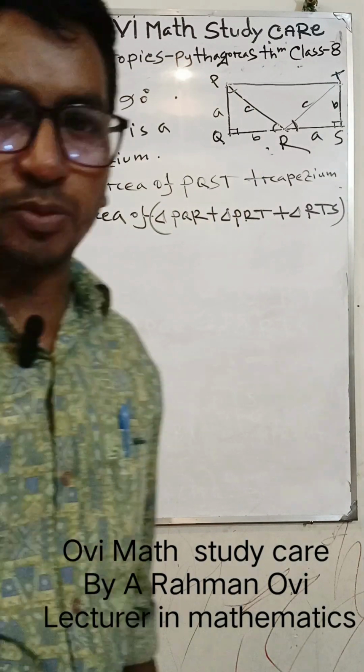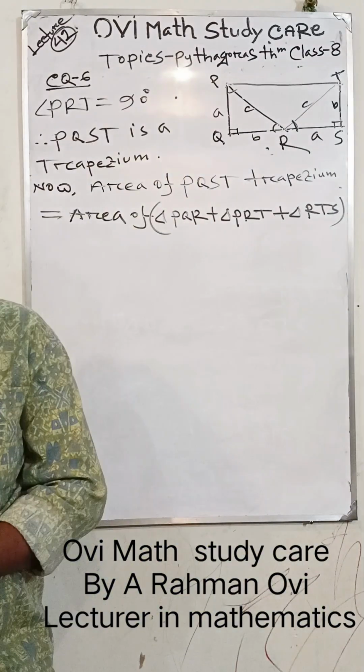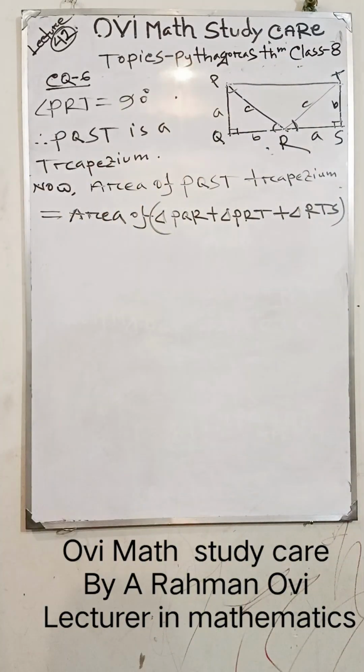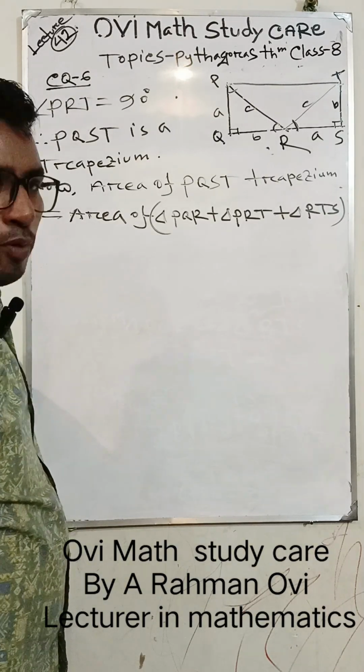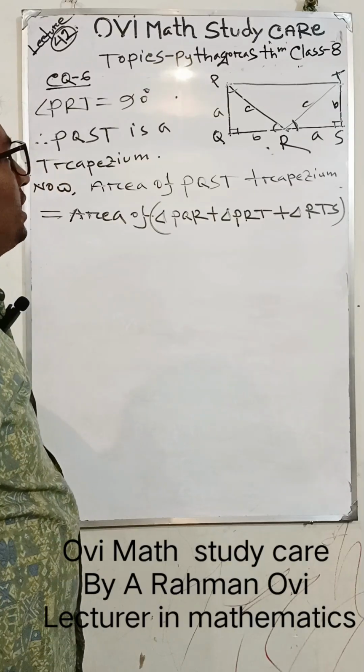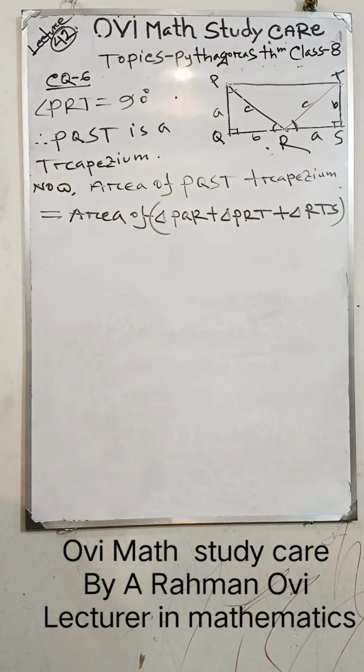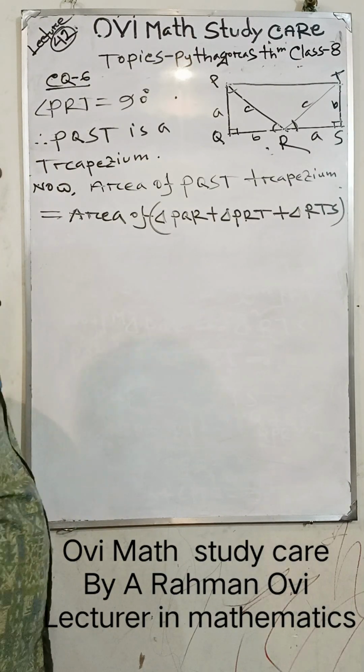So what do we know is the area of a trapezium? Area of a trapezium is half of the sum of the two parallel sides into the height.